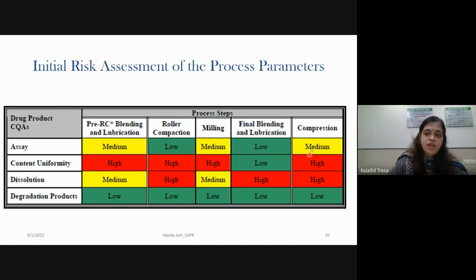In case of compression, it is medium, but in case of content uniformity and dissolution, it has high risk, because if the proper flow is not there and the machine is not running properly, then it can create an issue with content uniformity, and if you're not using proper pressure, then it can have an effect on dissolution. So this is the initial risk assessment on the basis of whichever parameters have high risk on CQAs.